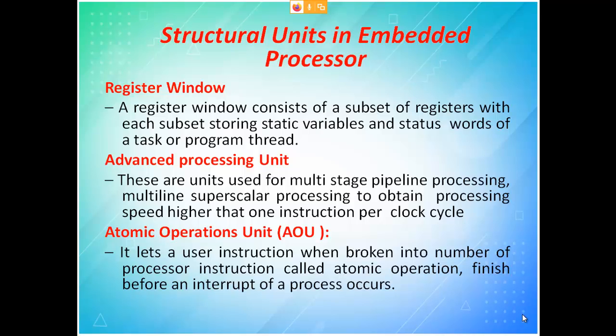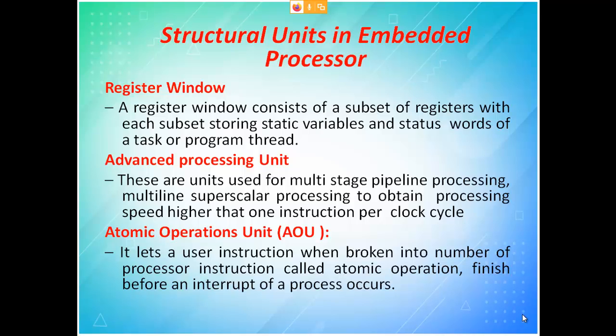So here, the register window is nothing but how many registers you are using. A register window consists of subsystems of registers, with each subsystem storing static variables and the status word of the task in the program thread. It is a little bit confusing, but what you have to understand is that the register window tells about the total content of registers which you are using.